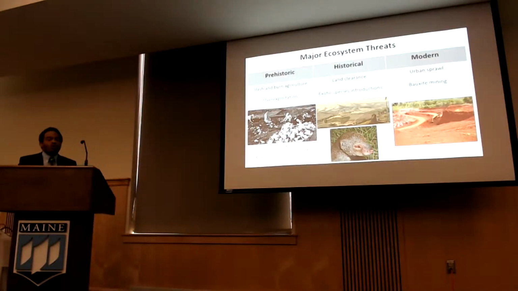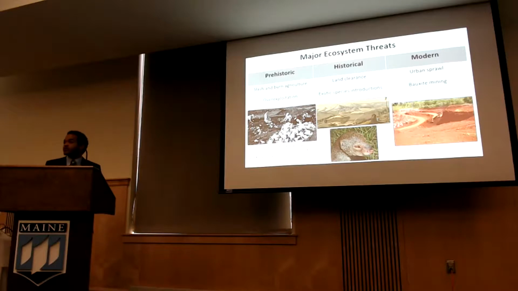Over the course of the Holocene, we know that Jamaican ecosystems have been threatened by human activities in a variety of ways. In prehistoric times, we know that these cultures were using fire to manage their landscapes, whether by horticulture or by small-scale garden agriculture. And we also know that they were harvesting both marine and terrestrial organisms at rates that would impact those biological populations.